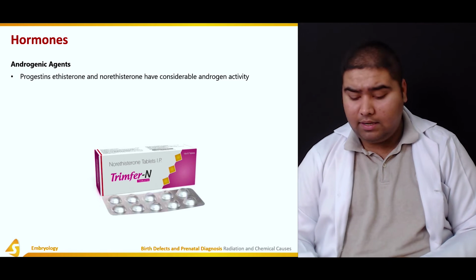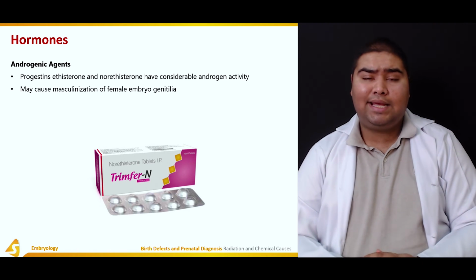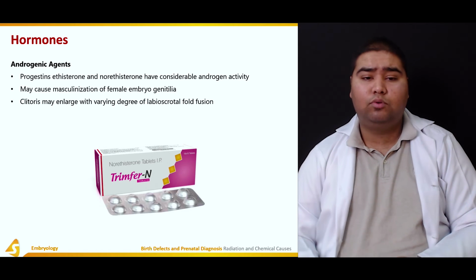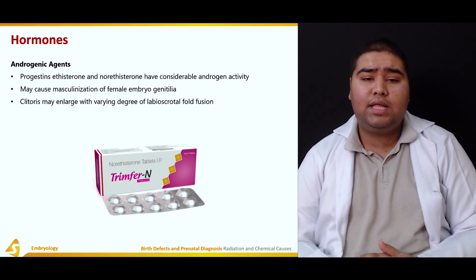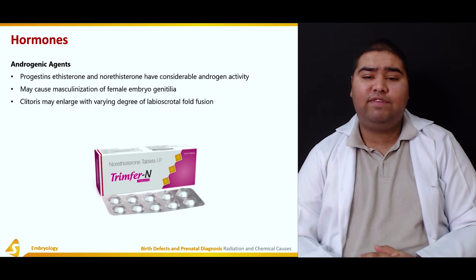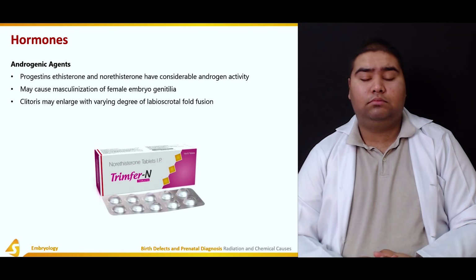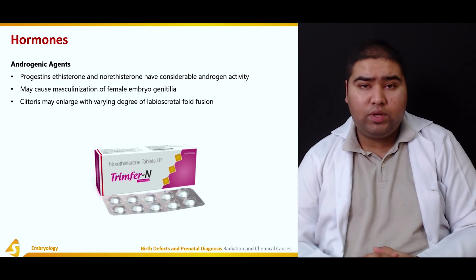They have a considerable androgenic activity. It may cause masculinization of the female embryo genitalia, as a result of which the clitoris may enlarge to resemble a penis, and there may be a varying degree of labioscrotal fold fusion, which may resemble a scrotum. It may give rise to ambiguous genitalia.